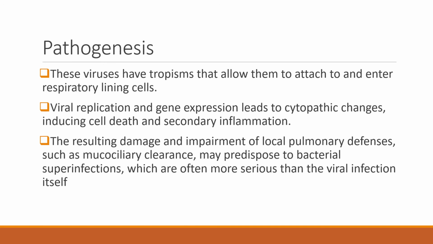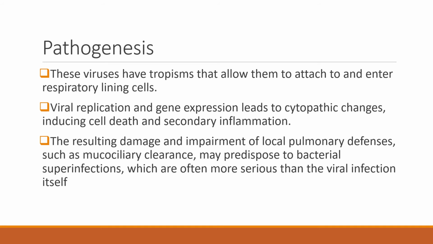Pathogenesis of viral pneumonia. These viruses have tropisms that allow them to attach to and enter the host respiratory lining cells. Then inside the host cell there is replication and gene expression, and that leads to cytopathic changes, so damage to the cells, induction of cell death and secondary inflammation.